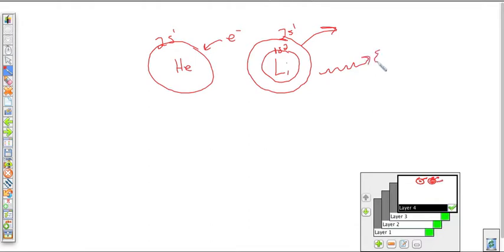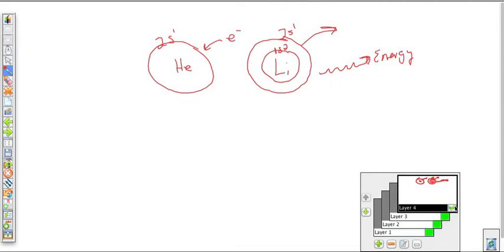If it becomes more stable, energy is released, and if it becomes less stable, energy has to be absorbed. That's what electron affinity is: the energy change when you add or take away an electron. Electrons always seek to become more stable, so as they lose or gain electrons to get that full outer energy level, they're typically giving off energy.